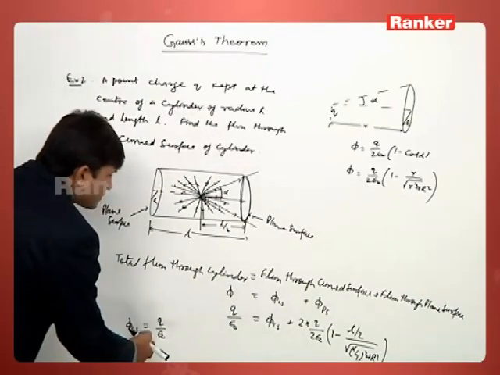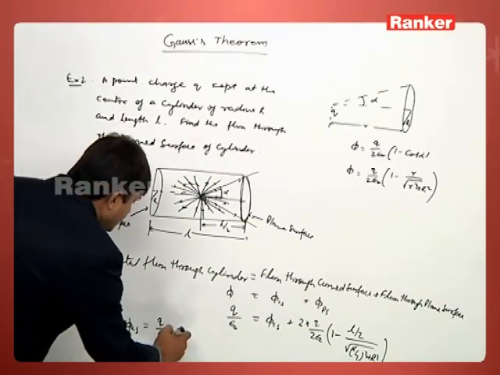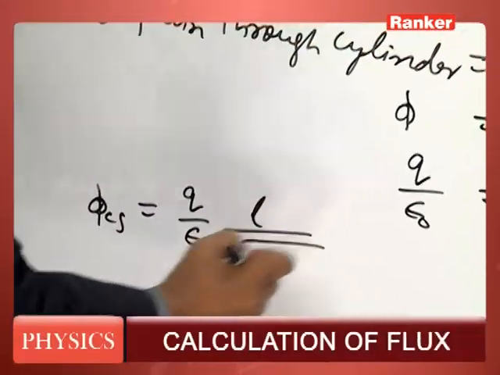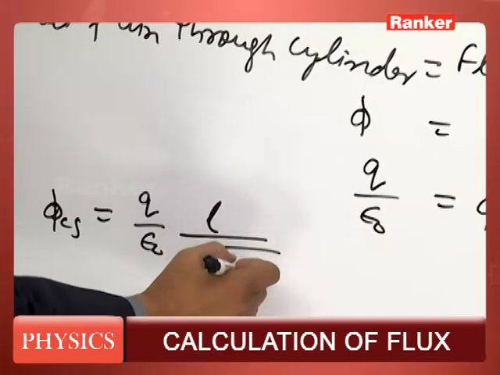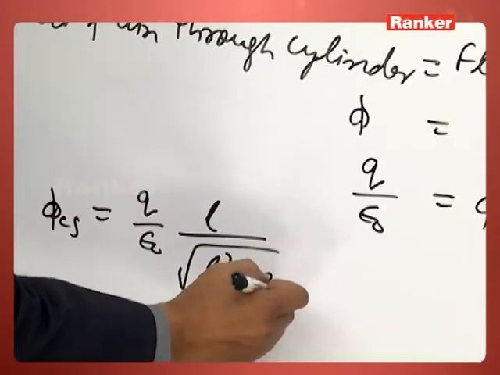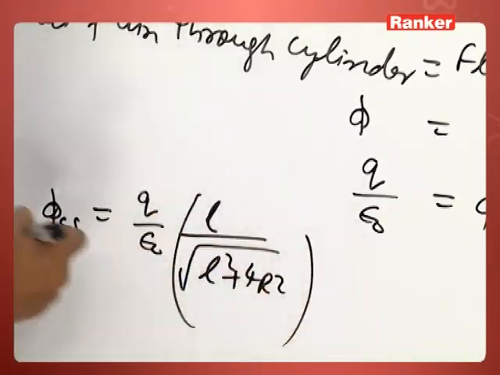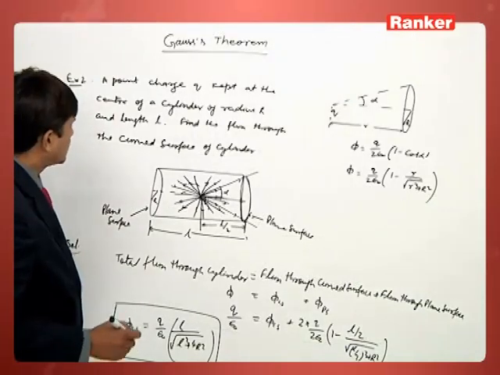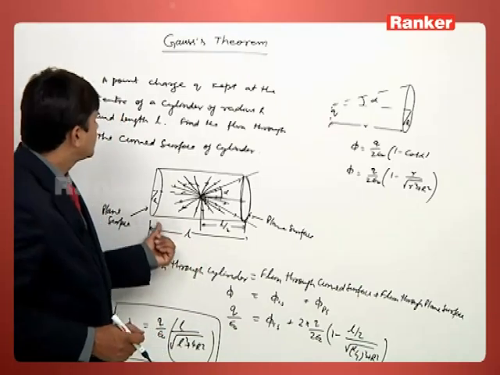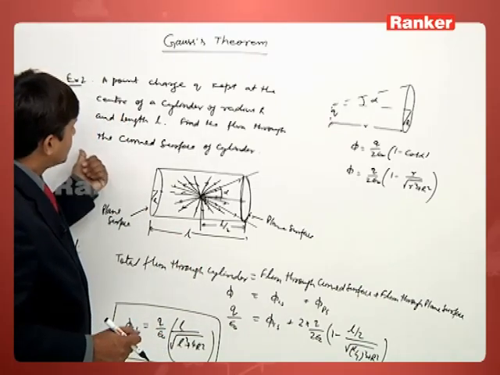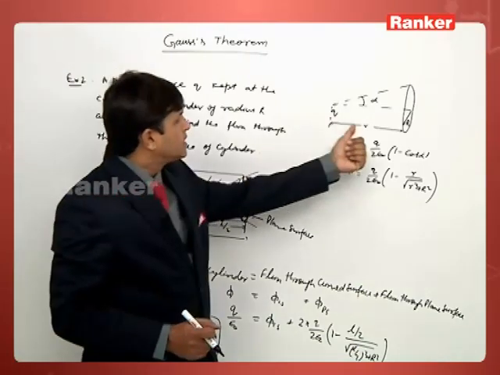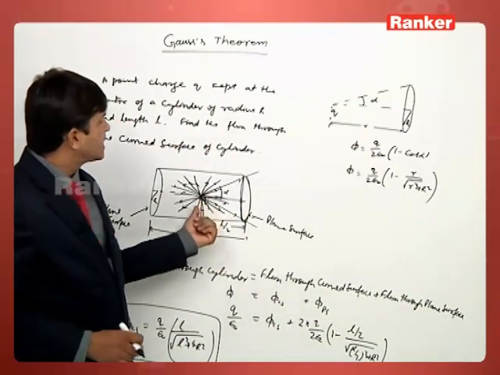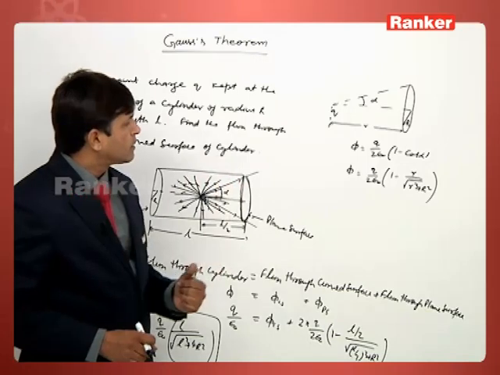Q by epsilon naught into L by the square root of L square plus 4R square. This is the flux through the curved surface. In this way we can determine the flux through the curved surface by using this relation. So this is the general idea about the calculation of flux.